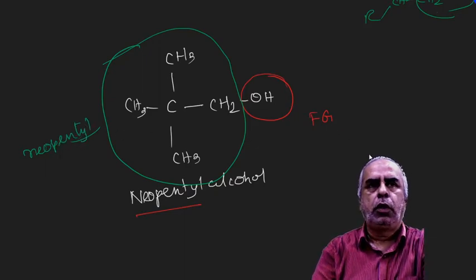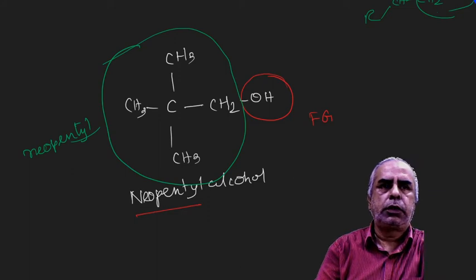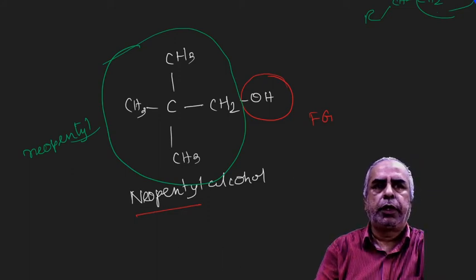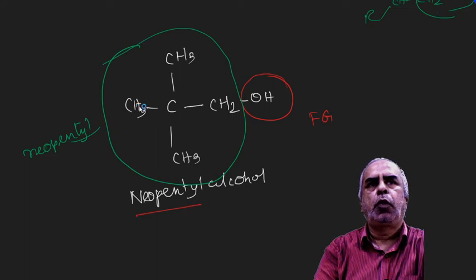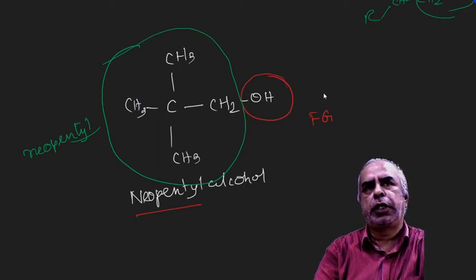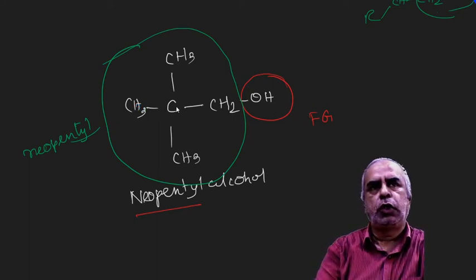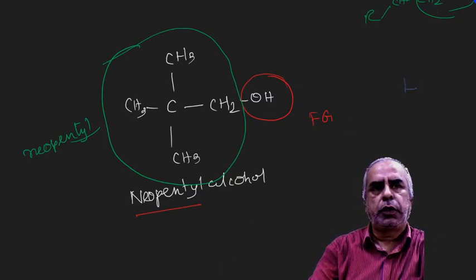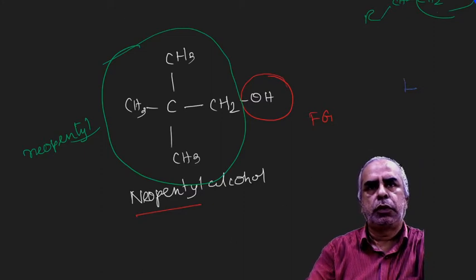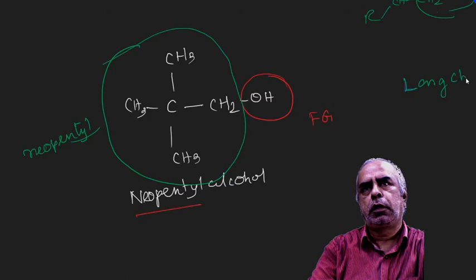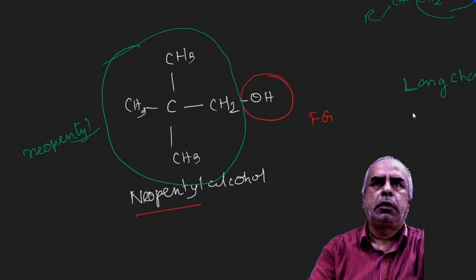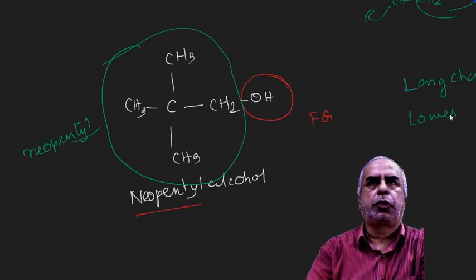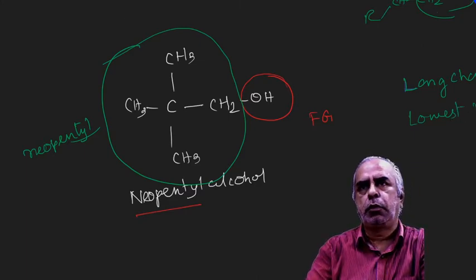So neopentyl alcohol. What is the IUPAC name for this? The IUPAC name should be: first, you have to consider the long chain involving the functional group. So 1, 2, 3, and the lowest number rule. So long chain, you should never forget these two. What are those? That is long chain, then lowest number rule for functional group and substituents.